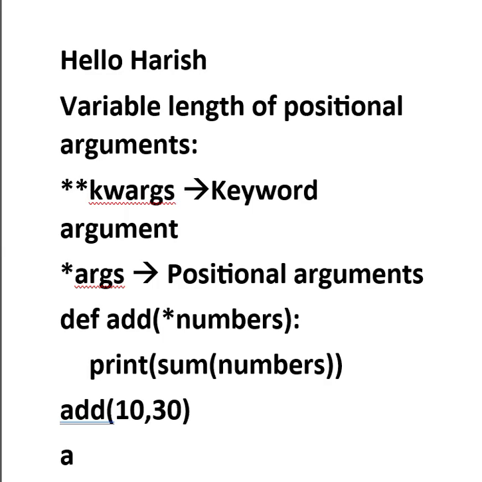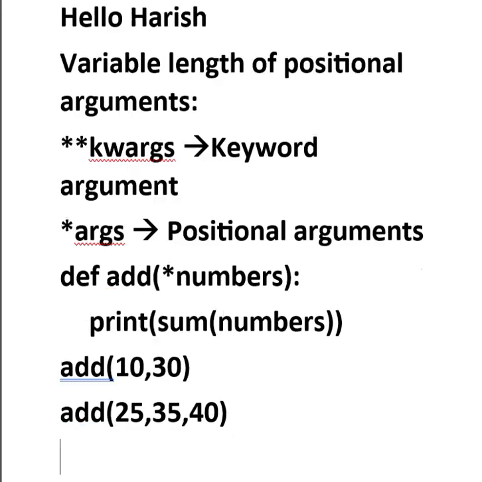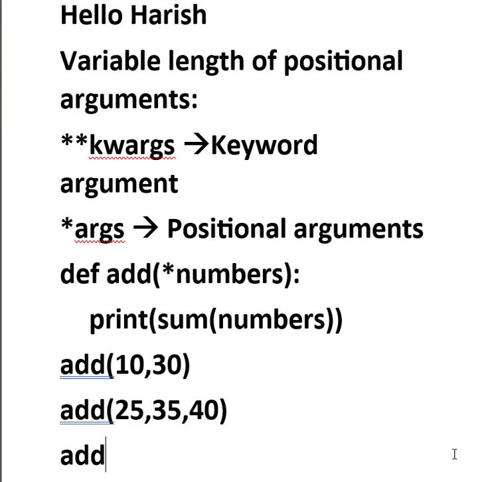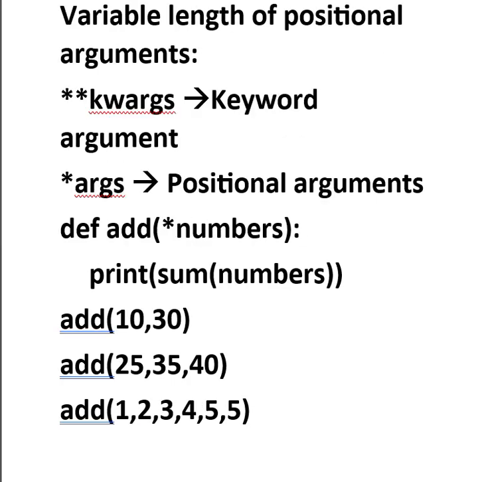Next add 25, comma, 35, comma, 40. At last I'm going to give add 1, 2, 3, 4, 5, 5, 5. What will the output be?